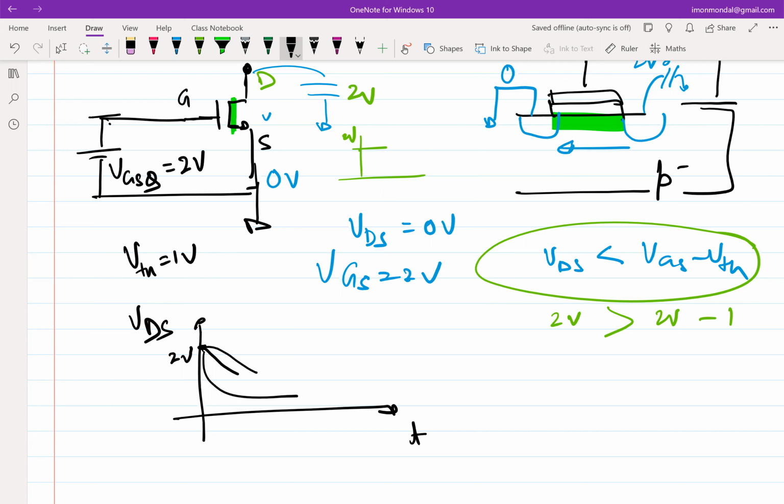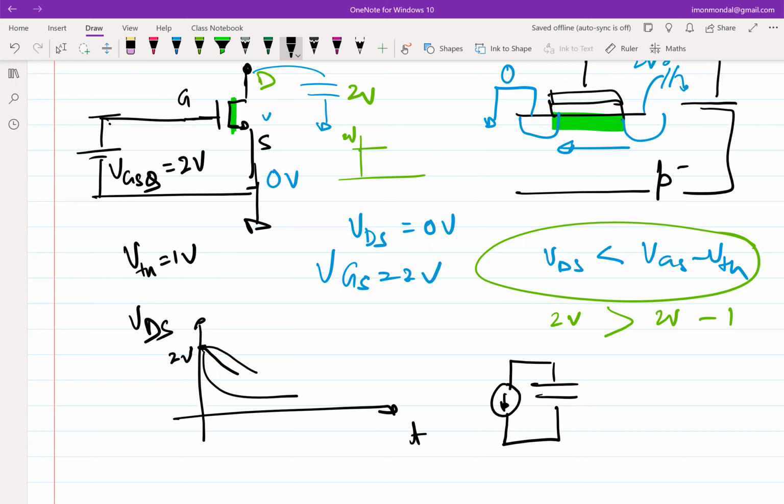Okay, good point. What he is trying to say is that this IDS current is dependent on VGS in saturation. It's not dependent on VDS. It's a constant current source. When it's discharging, it's equivalent to saying that I have a constant current source of value mu C ox W by L times VGS minus VT whole square. No dependence on VDS.